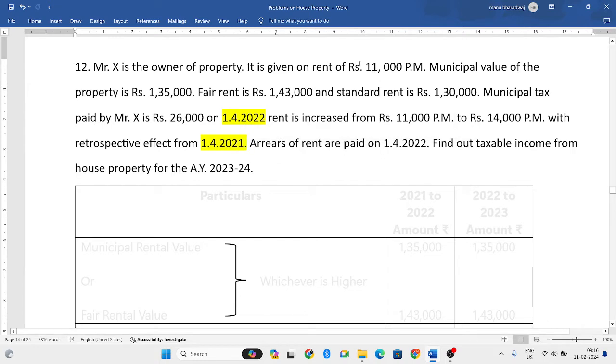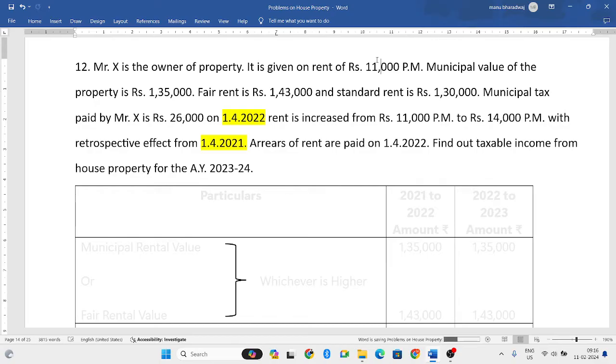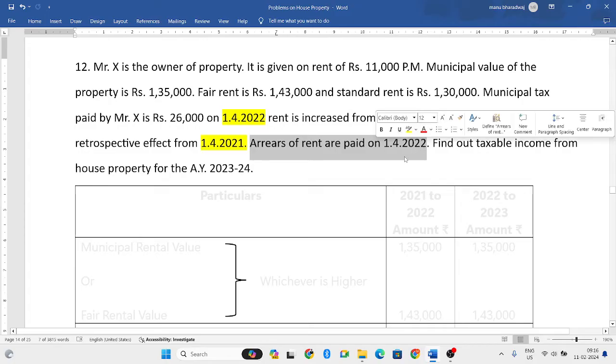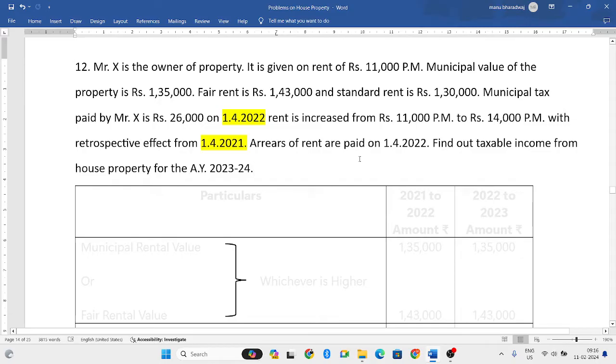So previous year he had paid only 11,000 per month. Now he has to pay extra 3,000 per month for the previous year also. That is known as arrears. Arrears of rent are paid by the tenant on 1/4/2022, the starting date of our previous year. Find out the taxable income from the house property.